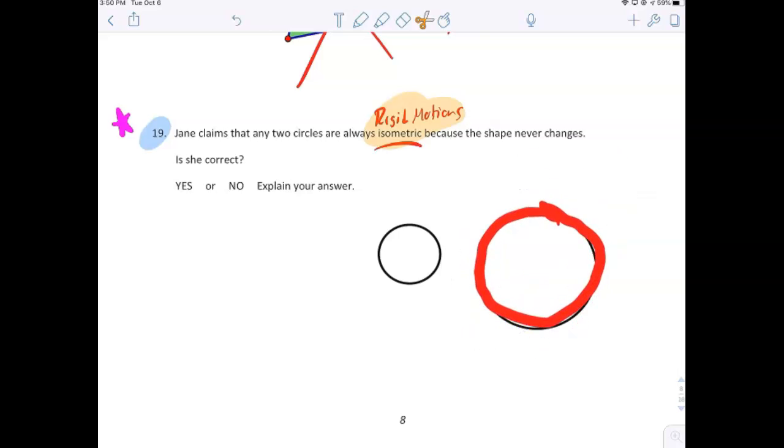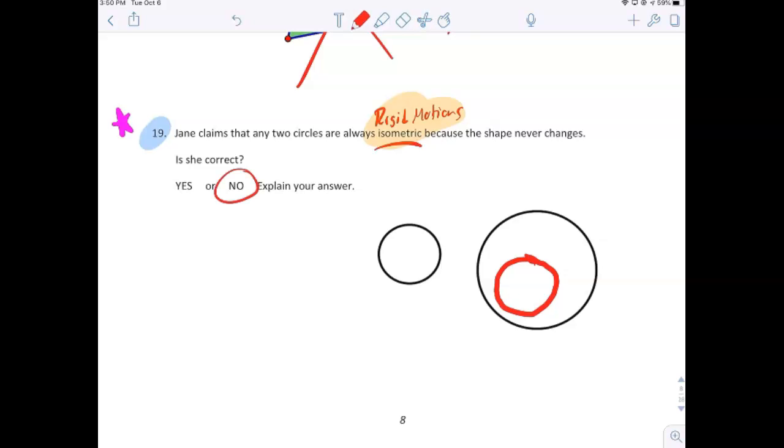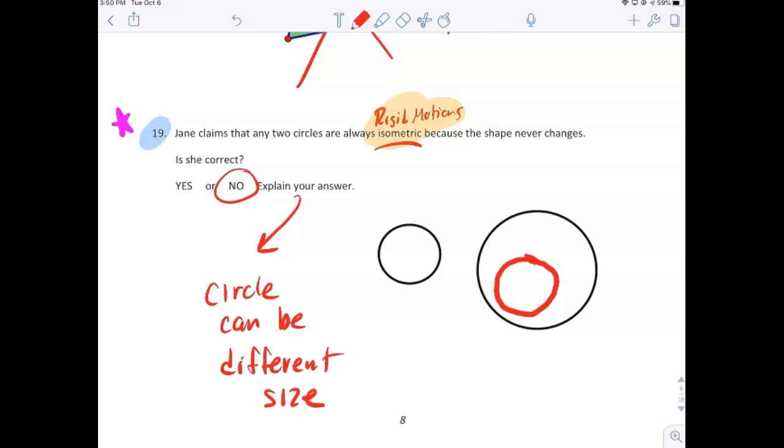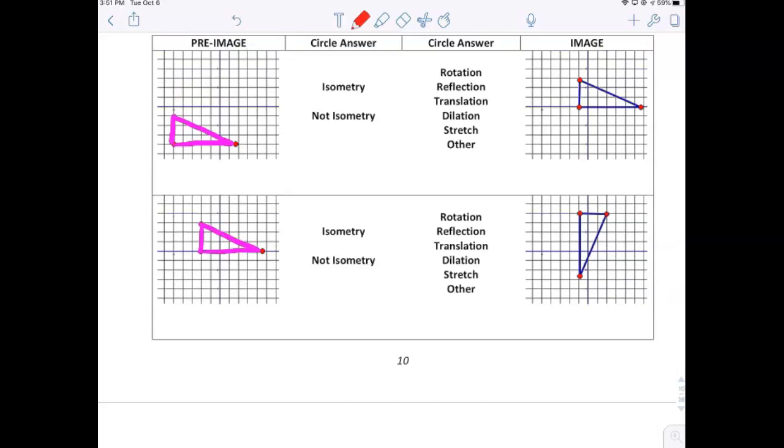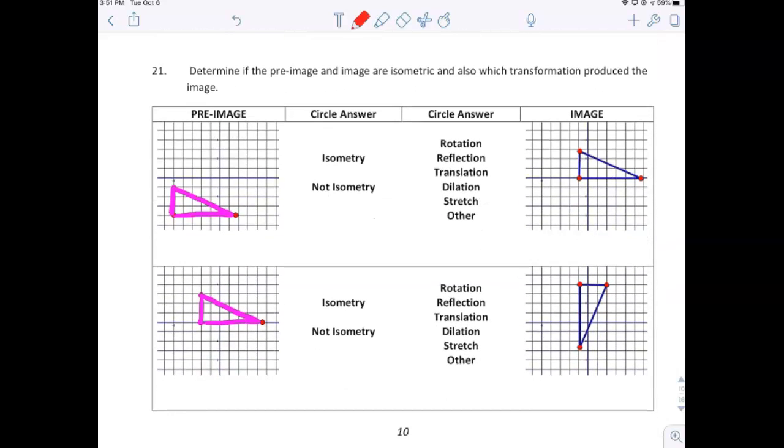I would have to dilate it, and I wasn't allowed to do that yet. So no, Jane is wrong because circles can be different sizes. Something you'll learn in the winter is that all circles are similar, but all circles are not congruent. Obviously, there's bigger ones.